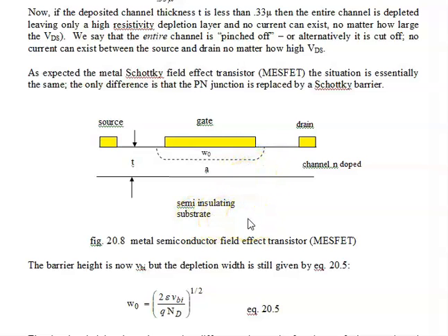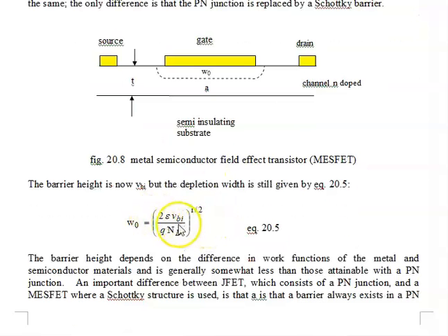This would be gallium arsenide semi-insulating, and then we have an N-type doped deposited region of thickness T. We have a depletion region under the gate of width W0, where now VBI is due to the fact that we have a Schottky barrier here, and it depends on the difference between the metal work function and the semiconductor work function.